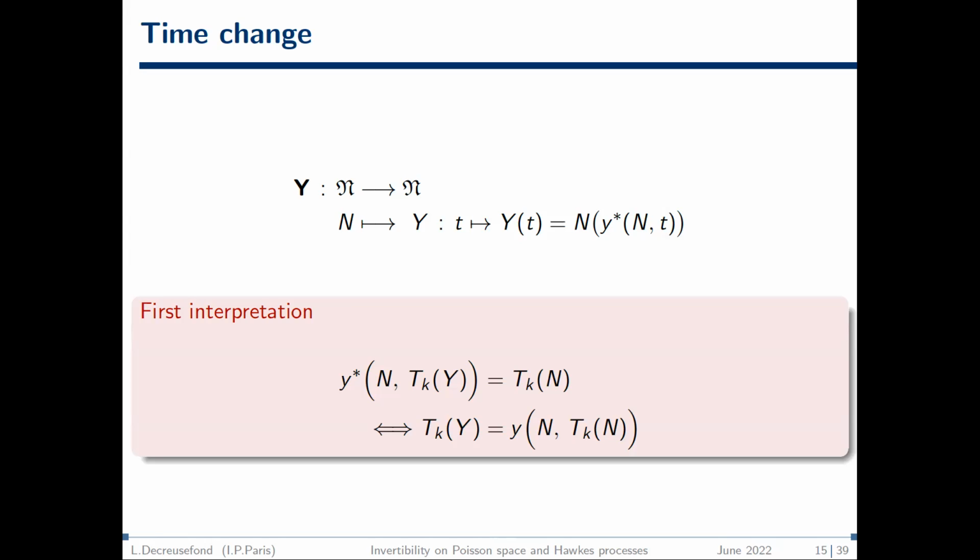So you have a sequence of times, and then you make a map which, to a sequence of times, gives you another sequence of times. You change the time in N. So the first interpretation is that the kth jump of your process is y of N applied to tk of N, when you apply the map y to the kth jump of N. Okay, this is the first interpretation.